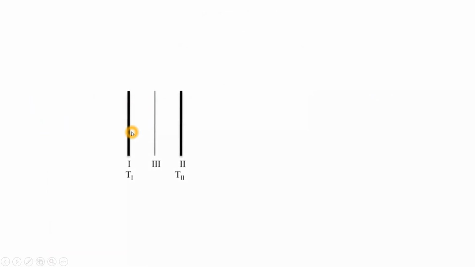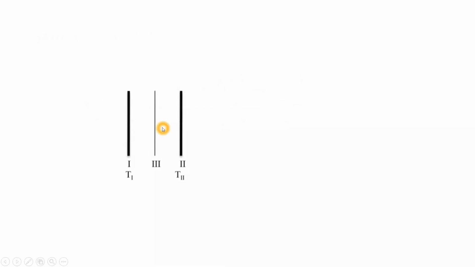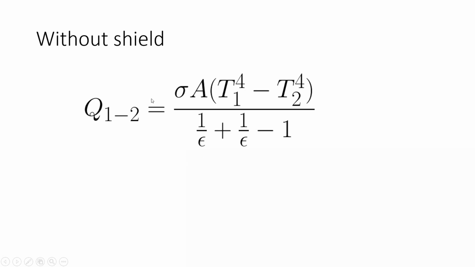We have been given this condition. First we will take without shield. If there is the without shield condition, we have the emissivity and Q12. So without shield we can write Q12 as sigma A into (T1 to the power 4 minus T2 to the power 4) divided by (1 upon epsilon plus 1 upon epsilon minus 1).